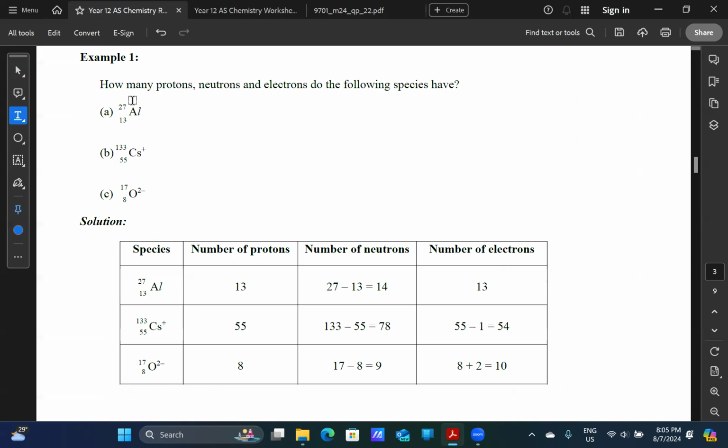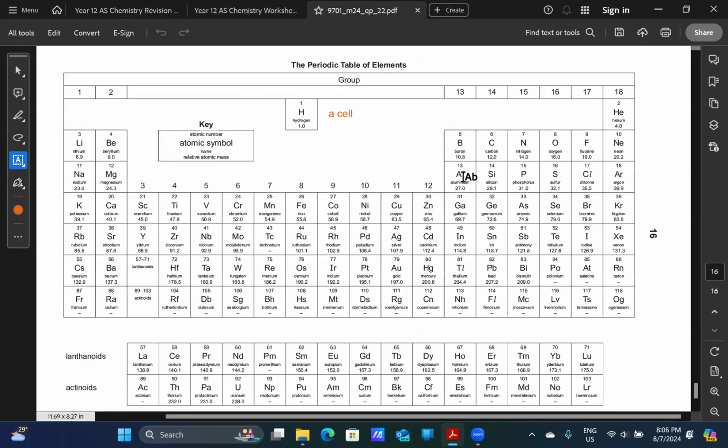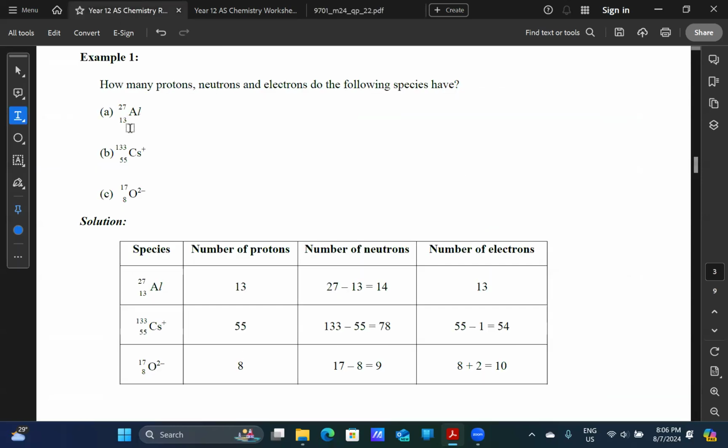For example, aluminum here has 27 above the symbol and 13 below. If you cross-check with the periodic table, for aluminum, the number above it is 13, while the number below it is 27.0. So it's totally different. Don't confuse the cells in the periodic table with the symbol here.